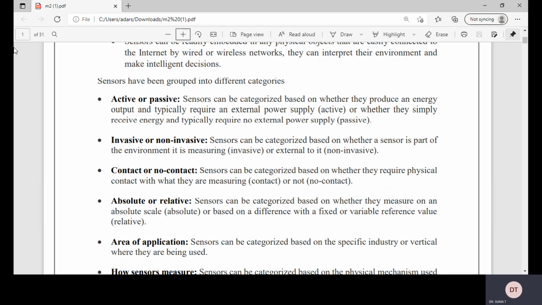And contact or no contact: sensors can be categorized based on whether they require physical contact with what they are measuring, we call them contact, or if they don't require physical contact, we call them no contact sensors.